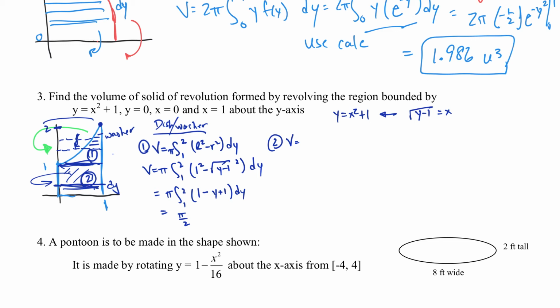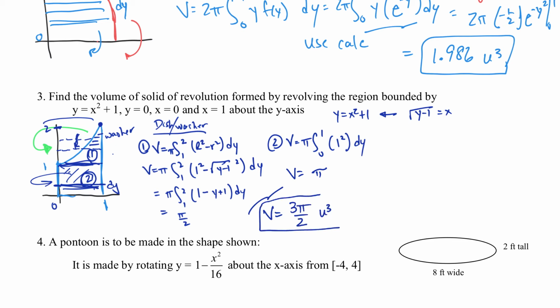You could pretty much look at this and determine what the volume would be, because it's just pi from 0 to 1, and this will be 1 squared dy. So in this case, you will end up with the volume equaling simply pi. When we integrate that, we're just going to get 1 times pi. Adding these two up, you're going to get the total volume to be 3 pi over 2 cubic units.